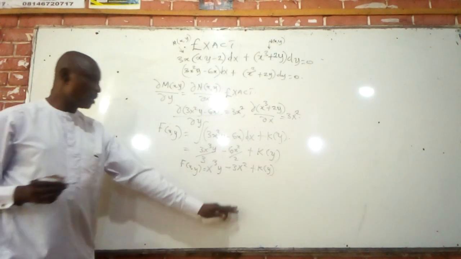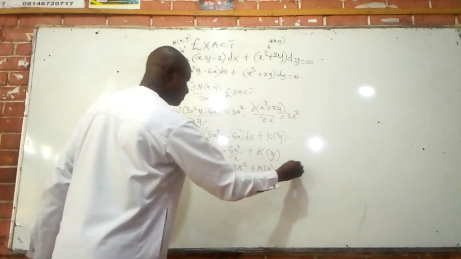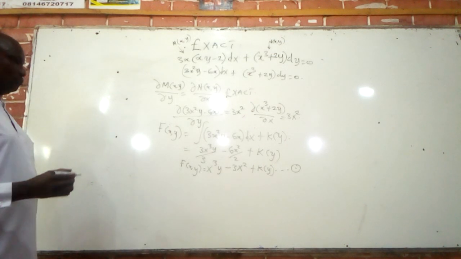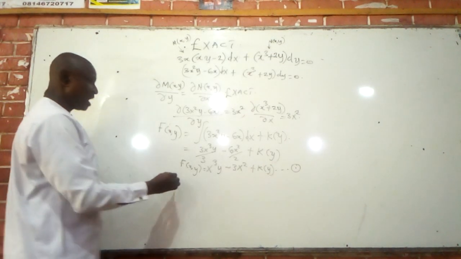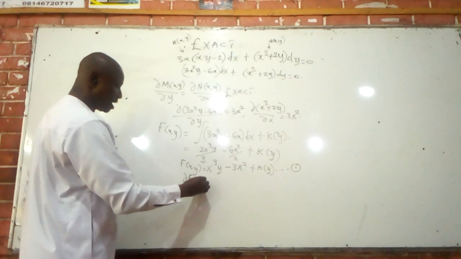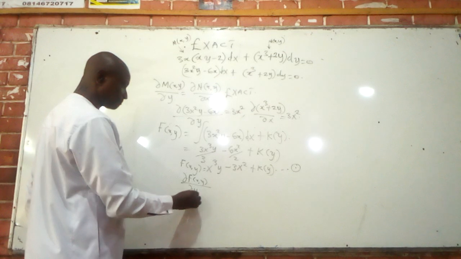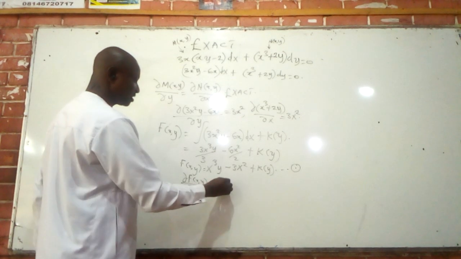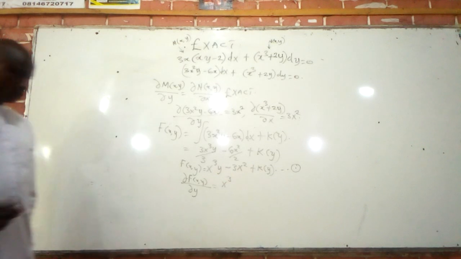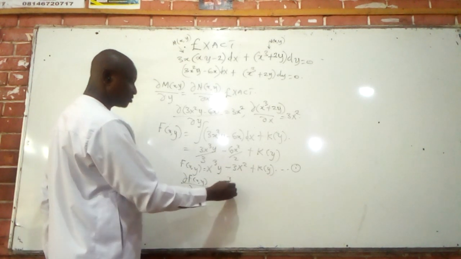Now, when we have gotten this expression, it is taken as equation 1. We will now have to partialize it. Partial f(x,y) with respect to y gives us x³ by differentiating y to get 1. Partializing the other term with respect to y gives 0.